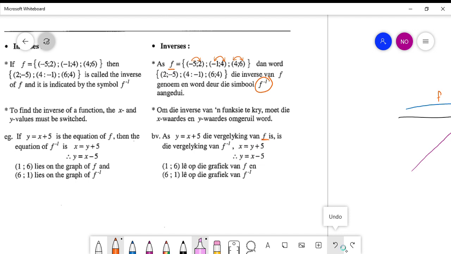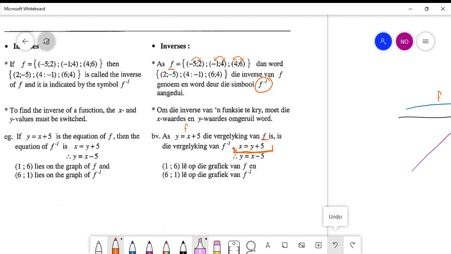So the equation of this straight line, which we call f, is x plus 5. And you know how to draw that, né? Daar 'n stygende lyn, hy sny die y-as by 5, wow, né? Dan gaan sy inverse funksie wees that. Do you see? What did I do? I swap the x and the y around.